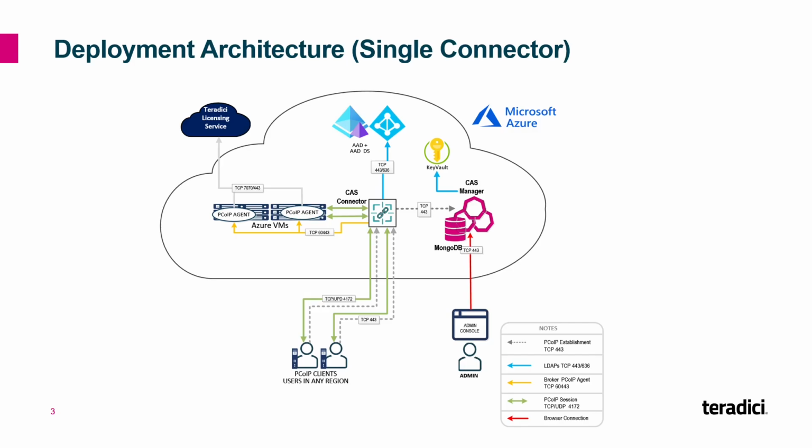Another point of difference is that the CAS manager is configured to use the Azure Key Vault and MongoDB for data and secret storage rather than the default HashiCorp Key Vault, but that's not too relevant to the AADDS itself and not a requirement to get it working. All the configuration for those is happening behind the scenes.